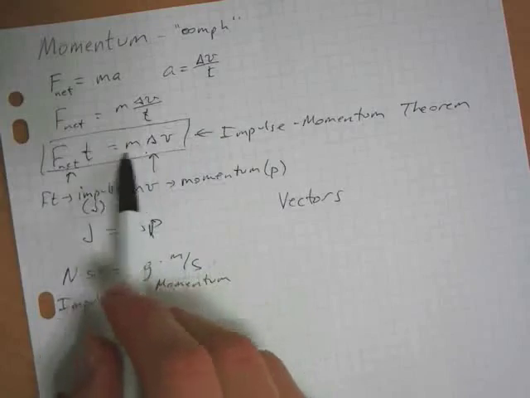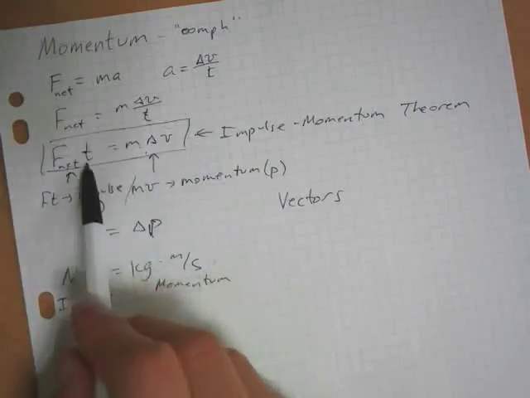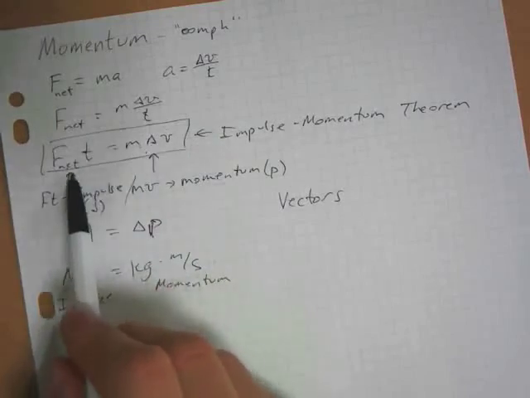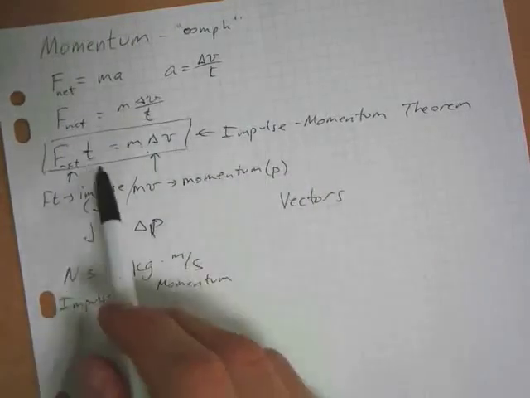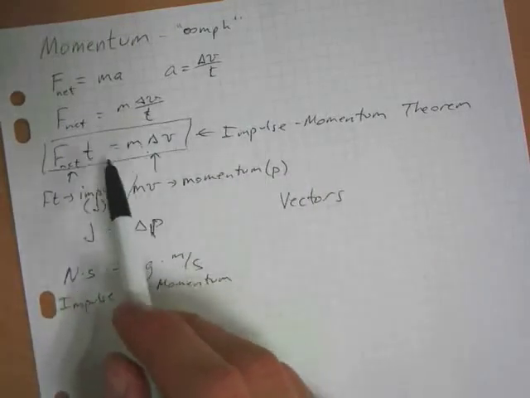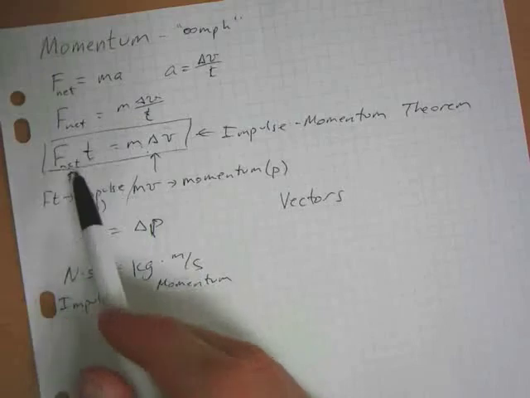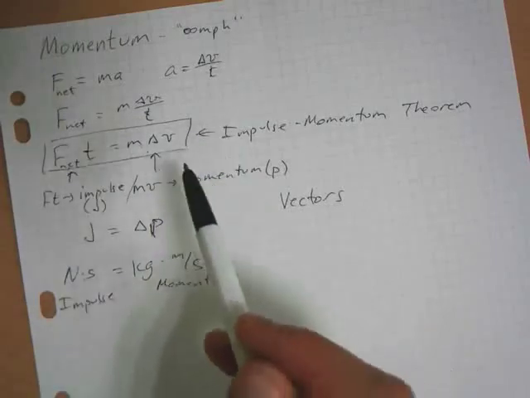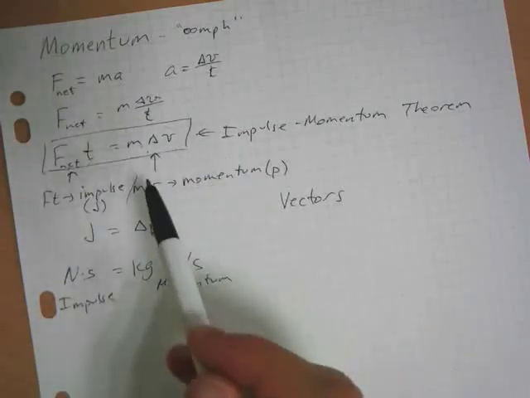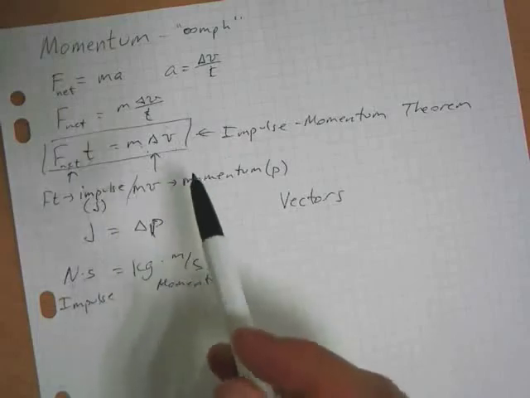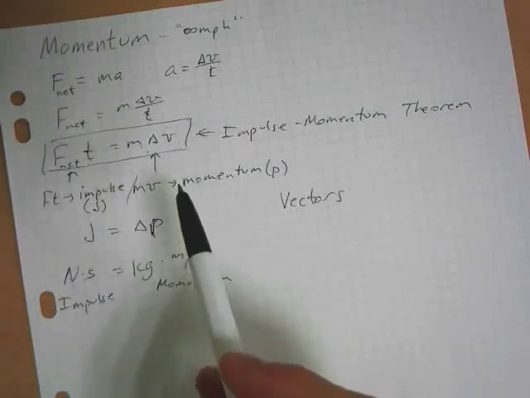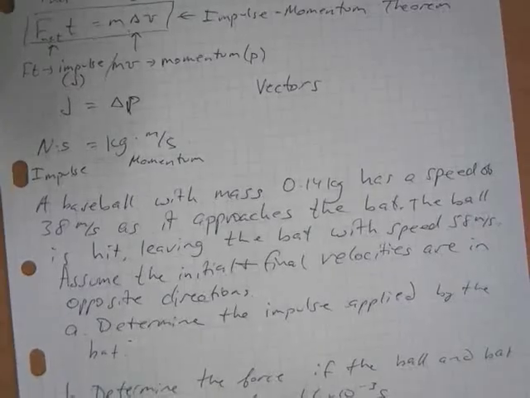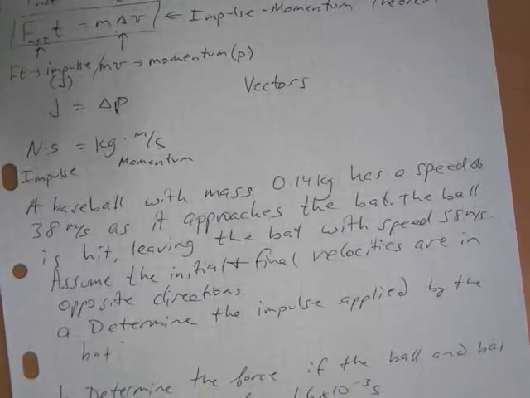Also, this tells us if momentum is changed in a very short amount of time, then the force is large. The most common case of this is when you drop something and it hits the floor, it comes to a stop over a very short amount of time, so there's actually a pretty large force involved in that.